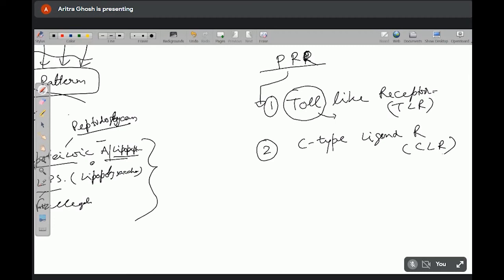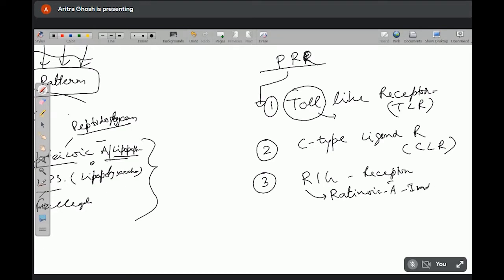And here, this is the pattern present in the host cell. Maybe any cells are in it: neutrophil, macrophages, mast cell, dendritic cell, anything. Whatever it may be, the types are fixed.